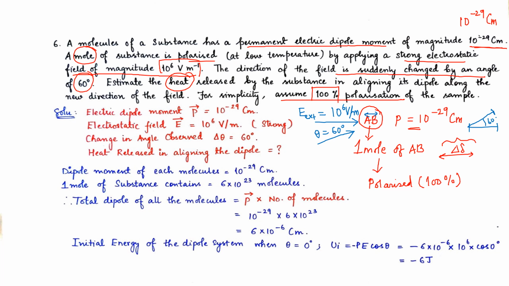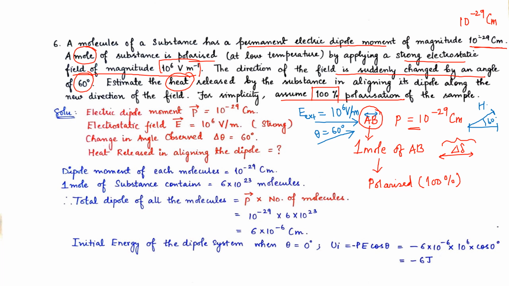So what they aim to ask us is to find the heat released in the form of work done in aligning its dipole to the direction of the field. We are assuming it to be 100% polarized. 100% polarization implies that each and every molecule in 1 mole of substance is polarized.